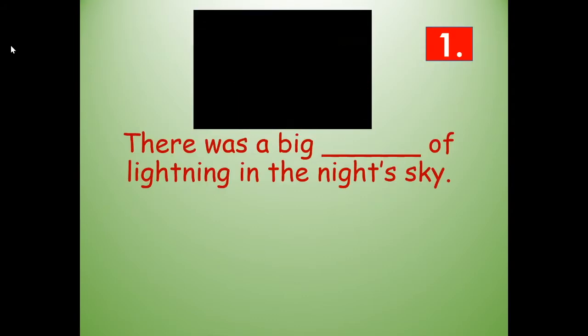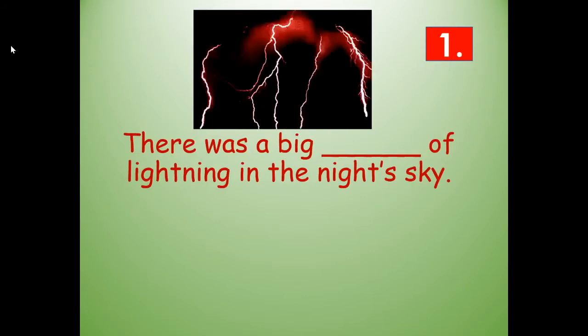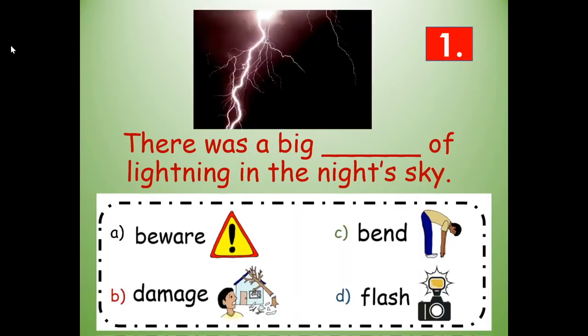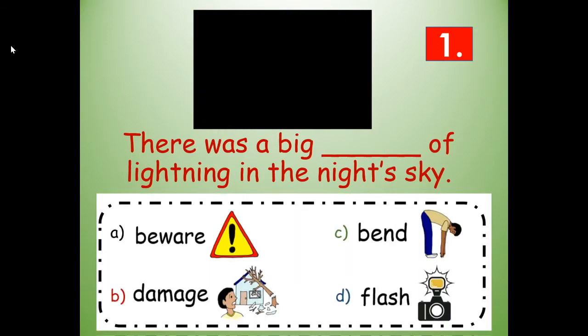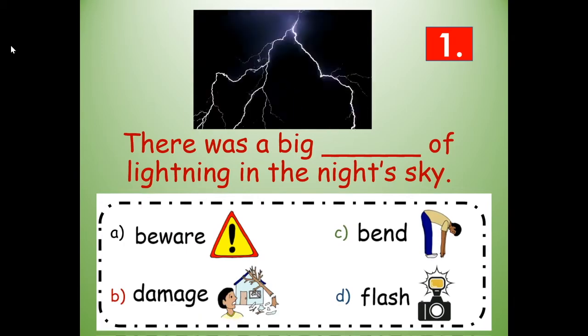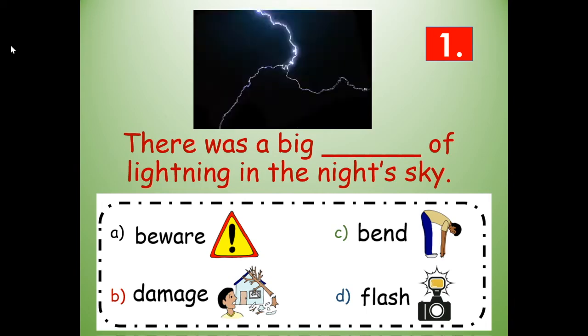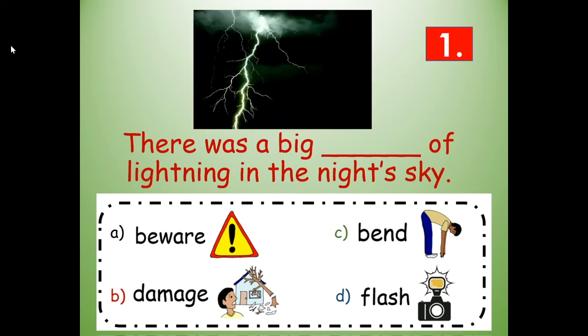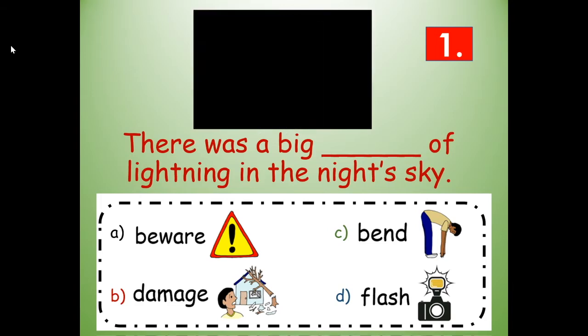Number 1, there was a big blank of lightning in the night sky. Would it be there was a big beware of lightning? Or there was a big damage of lightning? There was a big bend of lightning? Or there was a big flash of lightning?